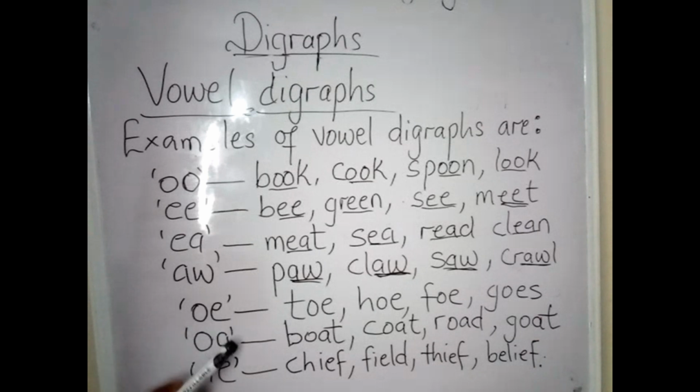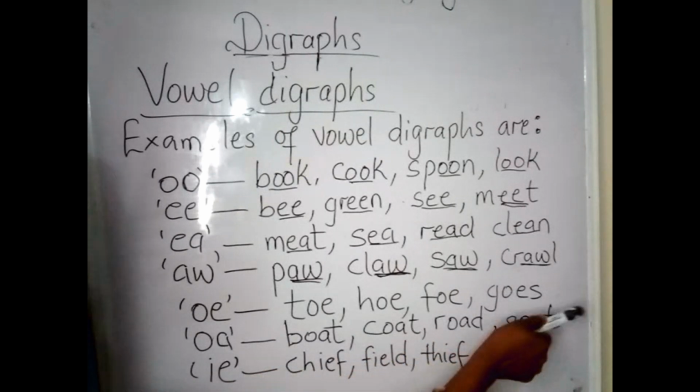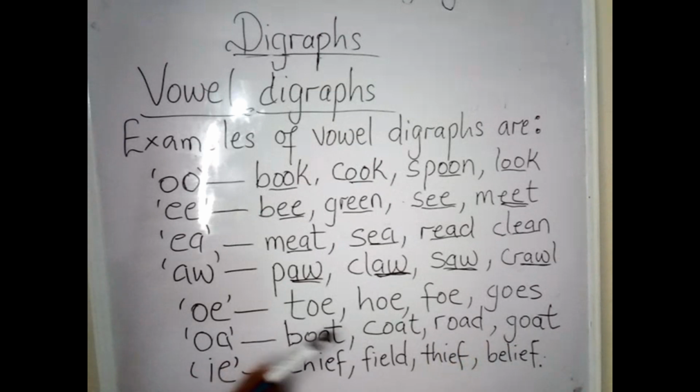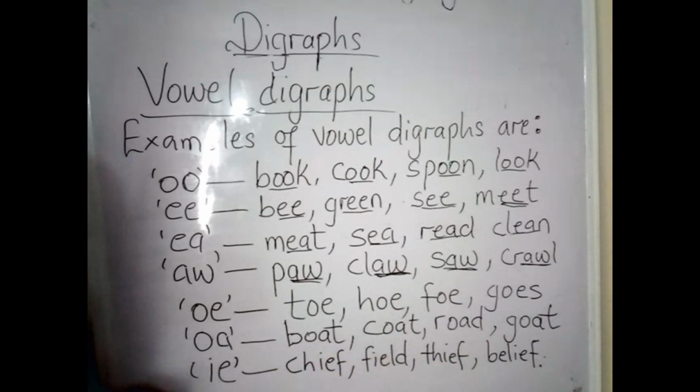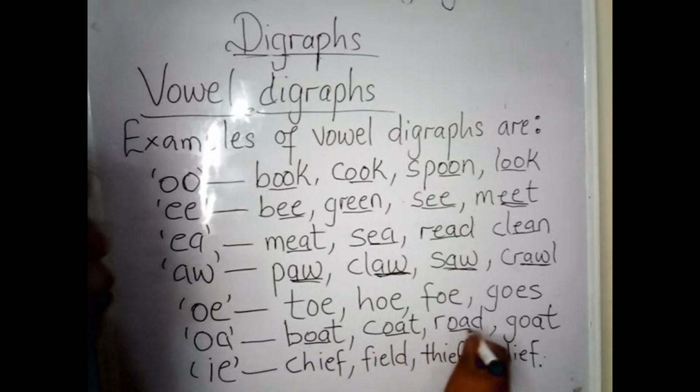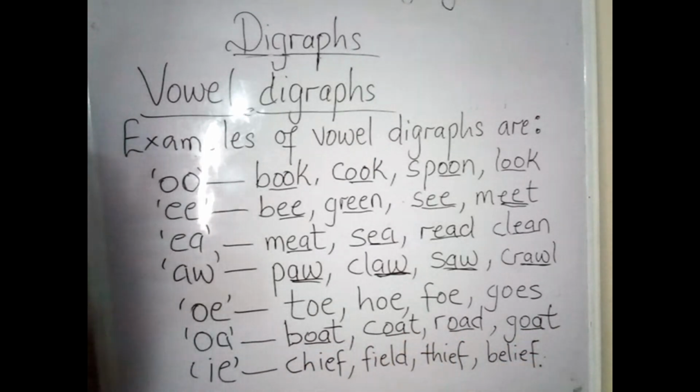The next one is a combination of the letters O and A. O is O, A is A. But when the two combine, they form the sound O, as in this OE. Similar sound. So here you have boat, coat, road, goat. Boat, coat, road, goat. So the sound O and A combine here to form O sound.